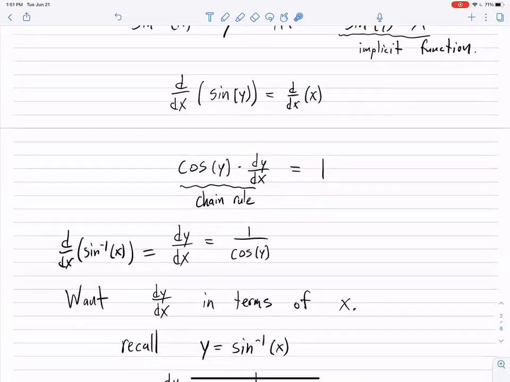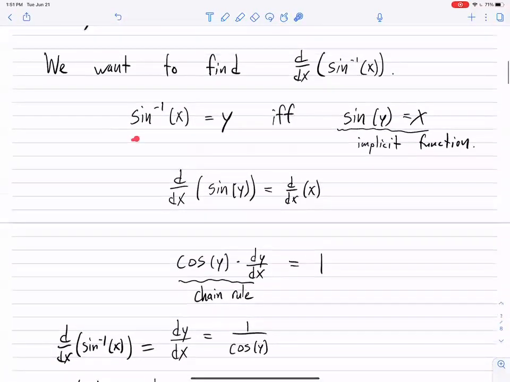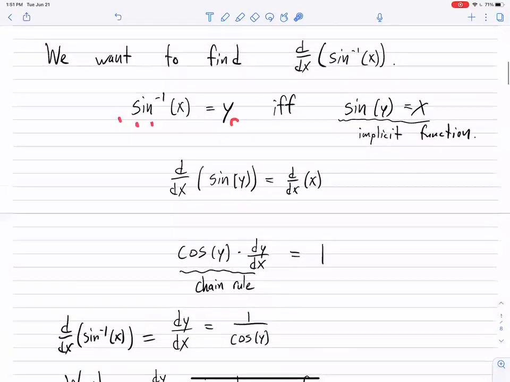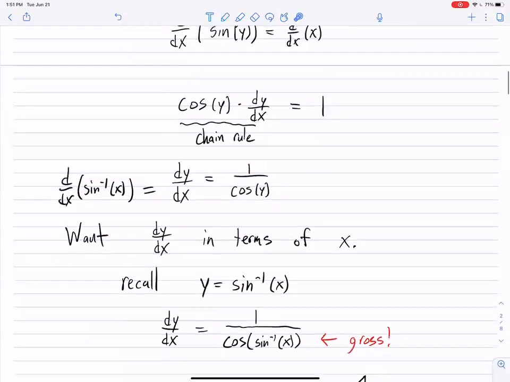What we're left with is that the derivative of sine inverse of x is dy/dx, because dy/dx is what we want to solve for, right? If sine inverse of x is y, dy/dx is the derivative of sine inverse of x. Solving for dy/dx, we get that dy/dx is 1 over cosine y.